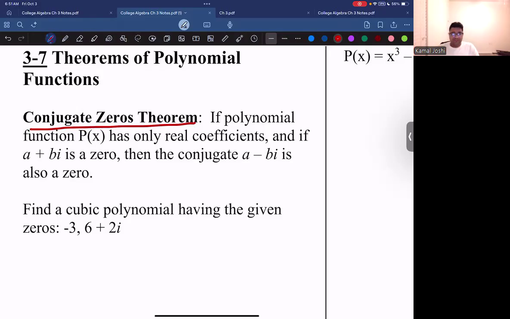If polynomial p of x has only real coefficients, and this will be true only when the coefficients are real numbers, and if a plus ib is a zero, then a minus ib is also a zero.